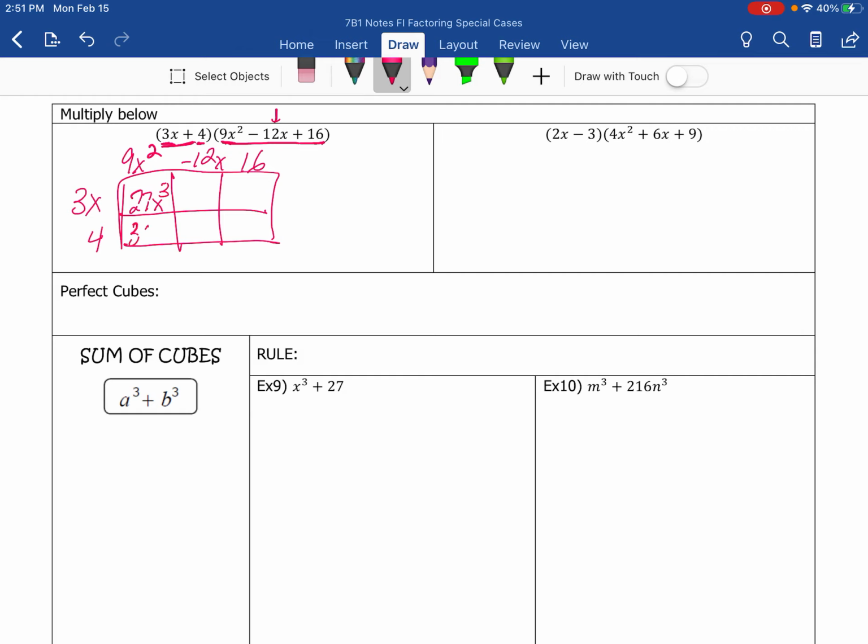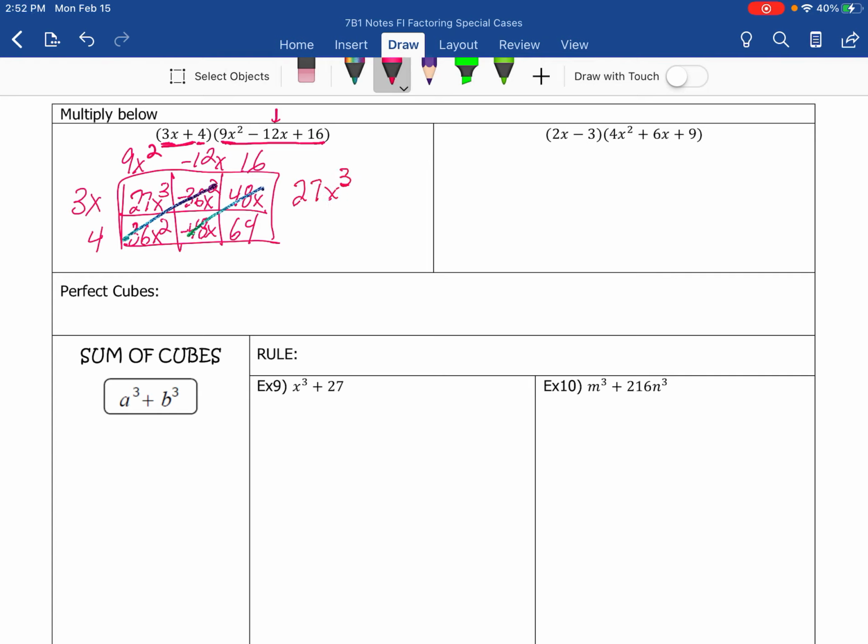If I multiply this out, I end up with 27x cubed, 36x squared, negative 36x squared, negative 48x, positive 48x, and 64. Okay.